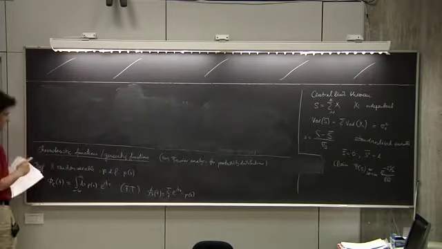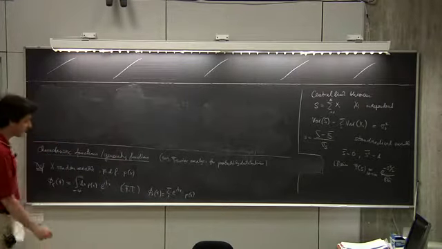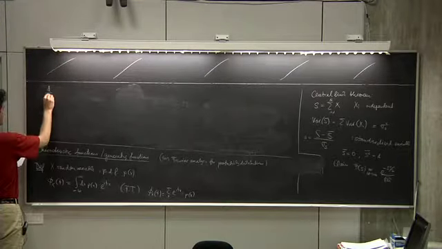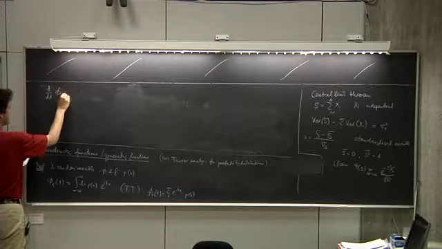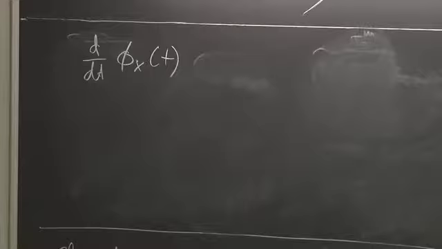Namely, now we come to the explanation why this is called a generating function. The reason is as follows. Take a first derivative of this generating function, of the Fourier transform.